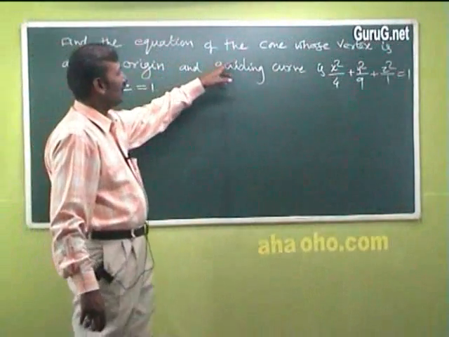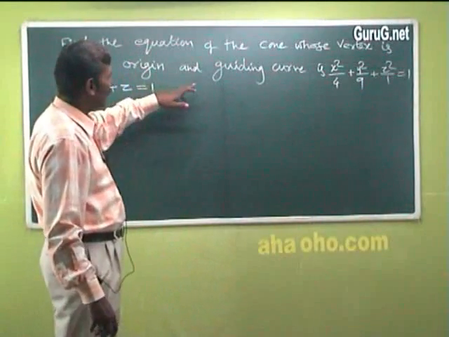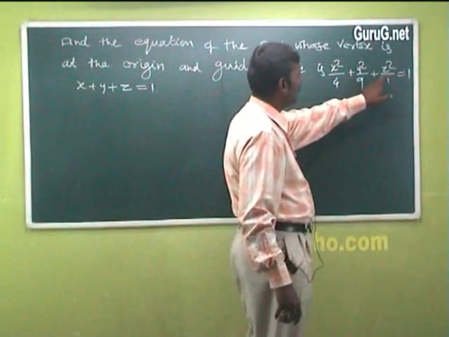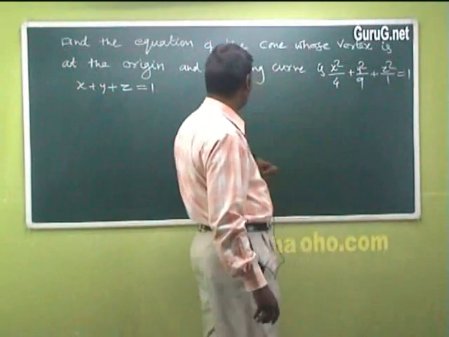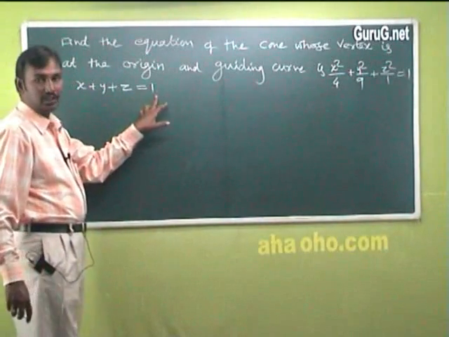Find the equation of the cone whose vertex is at the origin and the guiding curve is x squared by 4 plus y squared by 9 plus z squared by 1 equal to 1, and the plane x plus y plus z equals 1.